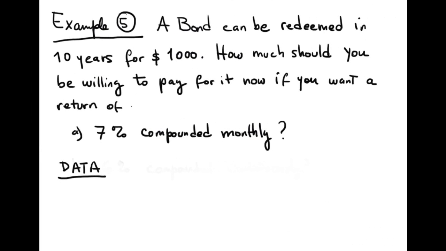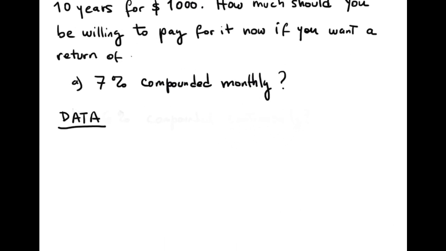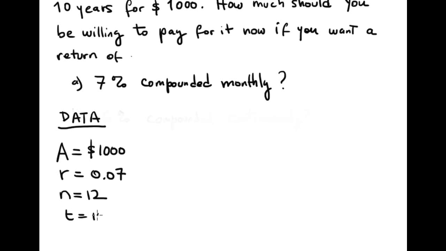Okay, in the first part of the problem, the data is: future value is 1,000, R is 0.07 in decimal, N is 12, and T is 10 years.